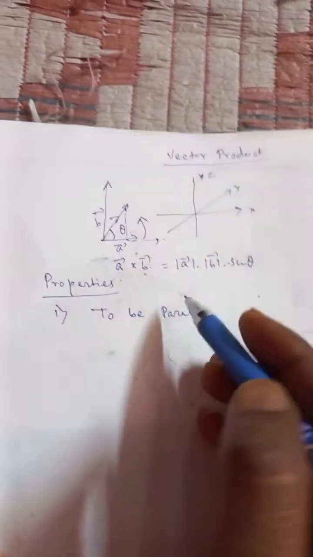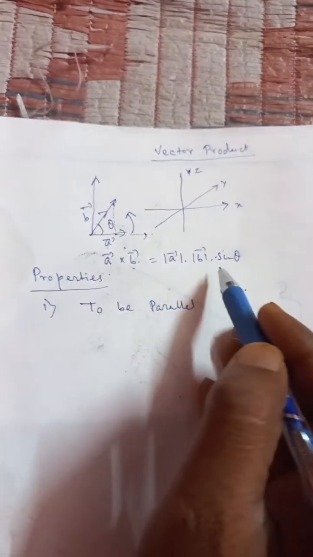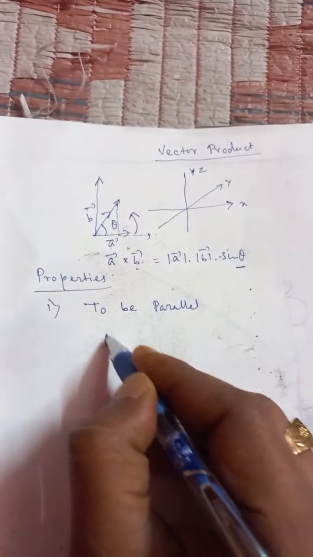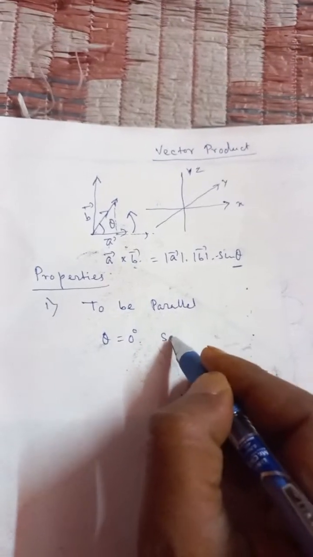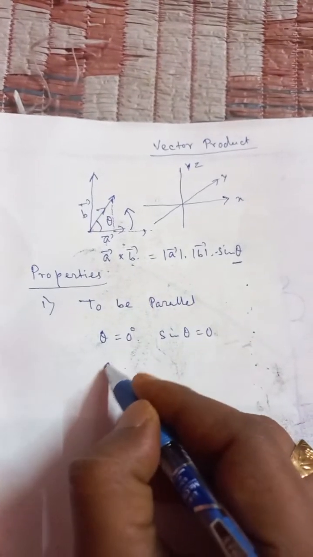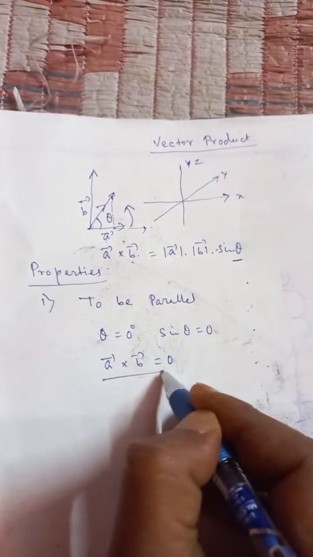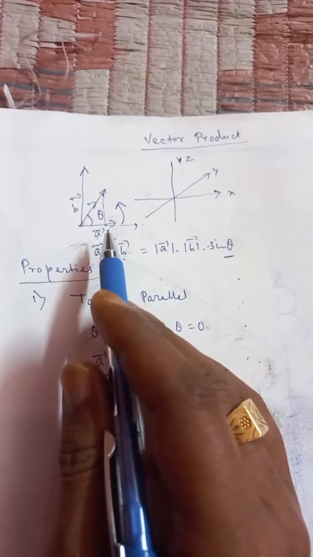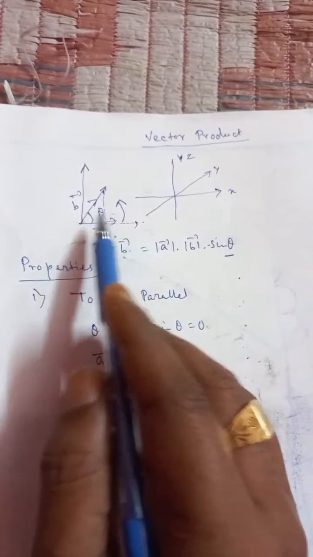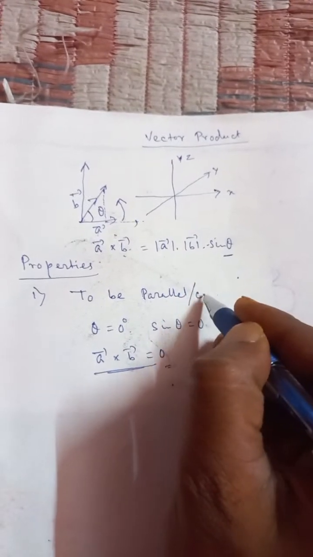When two vectors A and B are parallel, they have an angle of 0 degrees. So sine theta is equal to 0, and then A vector cross B vector must be equal to 0. So this is the required condition that two vectors are parallel or collinear, meaning they lie on the same line or they are parallel.